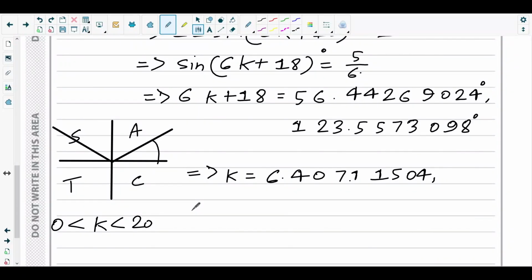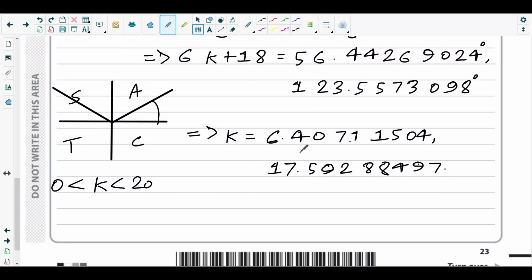Another possible value for k is 123.5573098 minus 18, divided by 6, which is 17.59288497. This is another possible value for k.